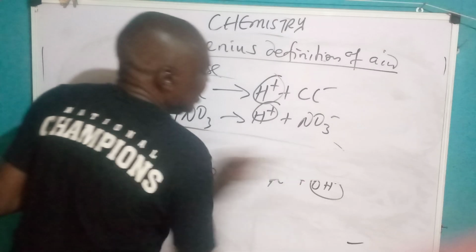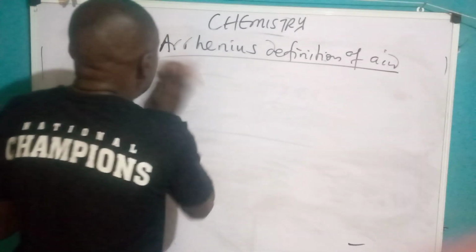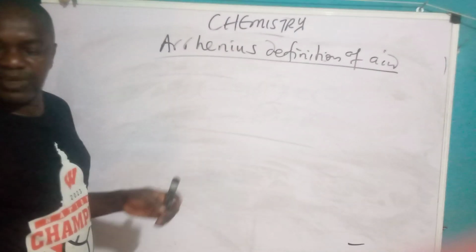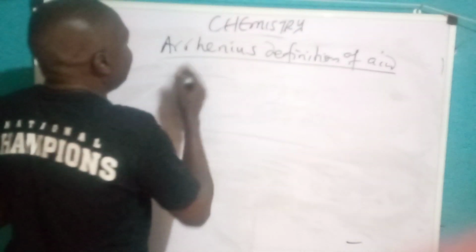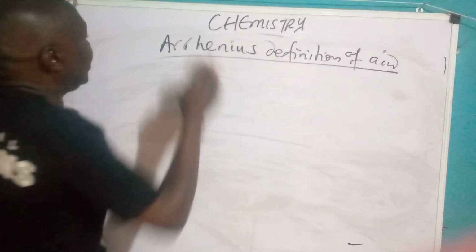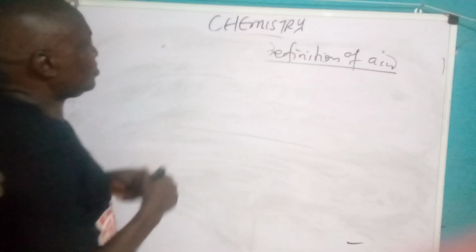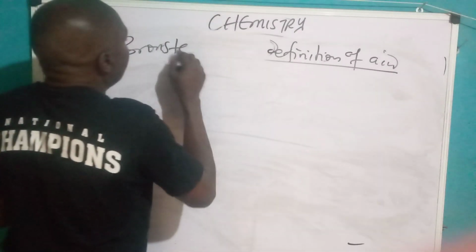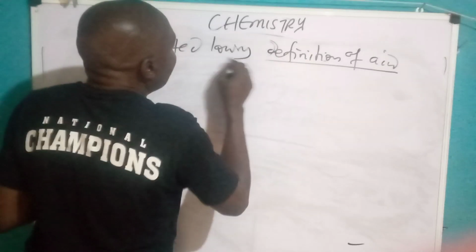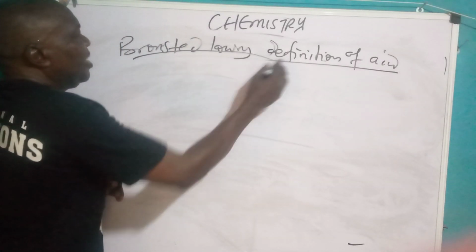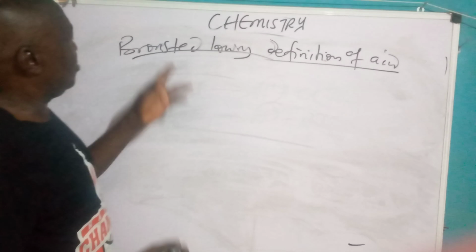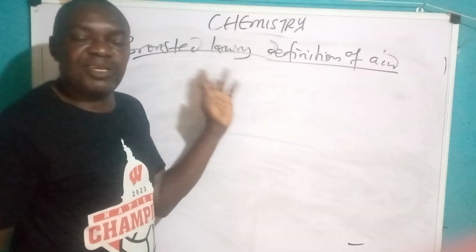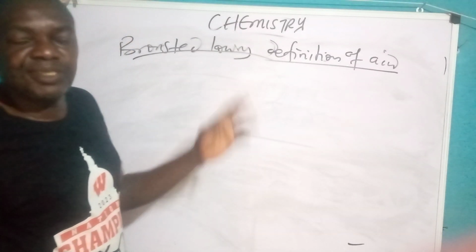So we also have other authorities in the field of chemistry that gave their various definitions. This time around, we are going to Bronsted and Lowry. Two scientists combined together, Bronsted and the other scientist, Lowry, but normally joined together to get the Bronsted-Lowry definition.